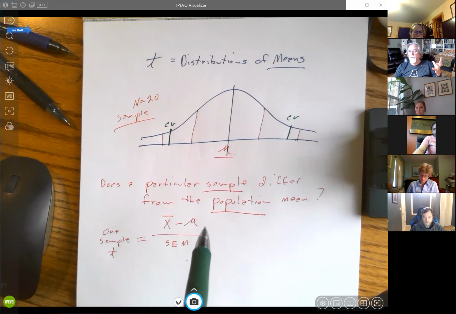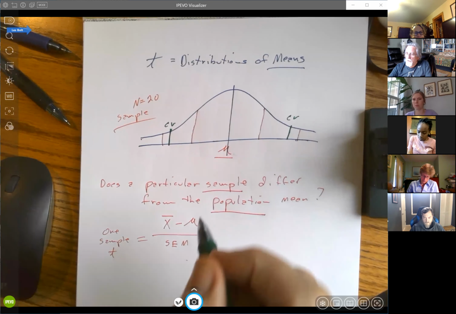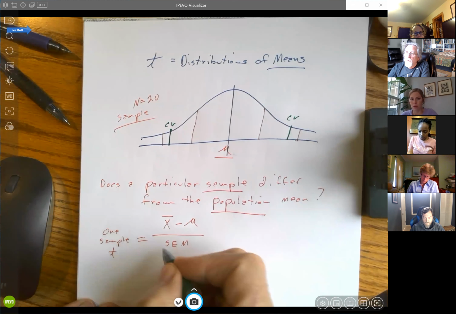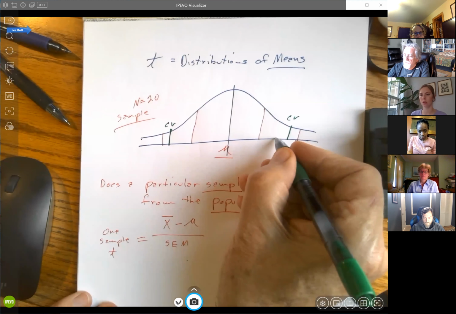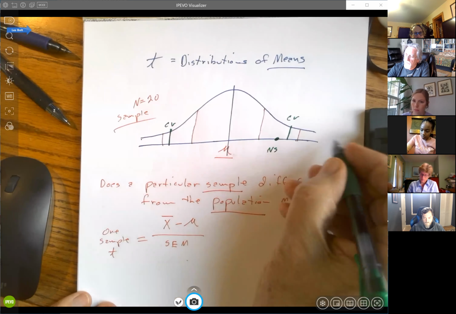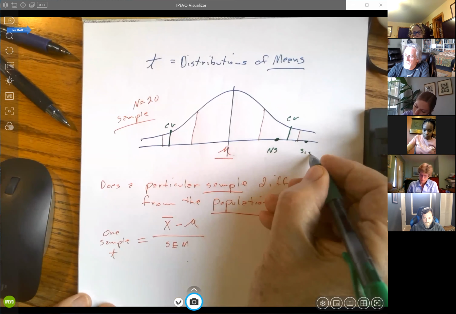What's the average blood pressure in a unit? We have to know what the population average is. And if a one sample t value is in here, then we say not significant. One sample t value out here, we would say significant.